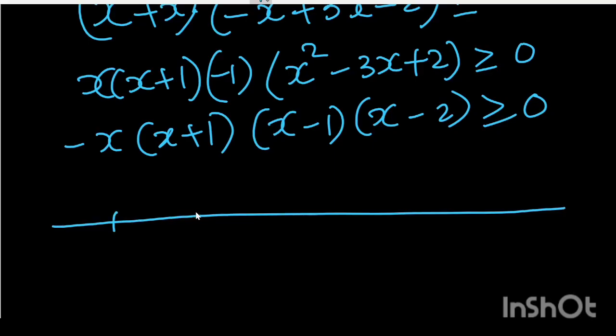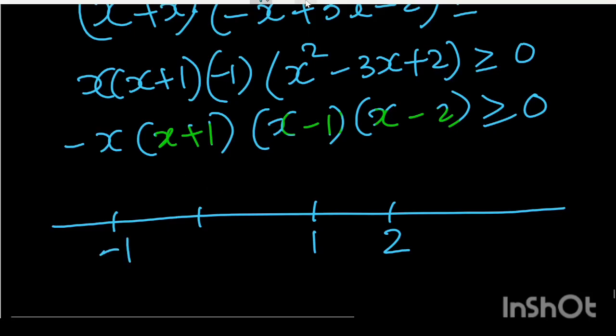There are 4 zeros that we will plot. The biggest zero is from x minus 2, which is 2, followed by x minus 1, the zero is 1, then the next one is x plus 1, which is minus 1, it should be here, and then related to x, it is 0.